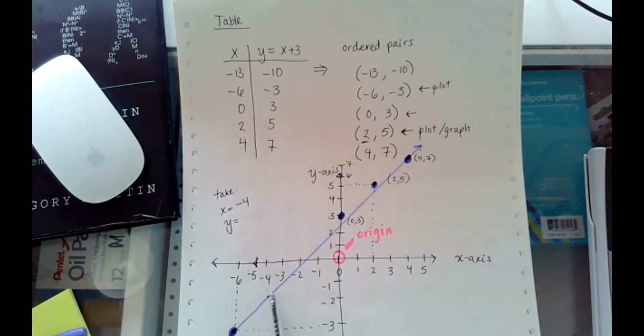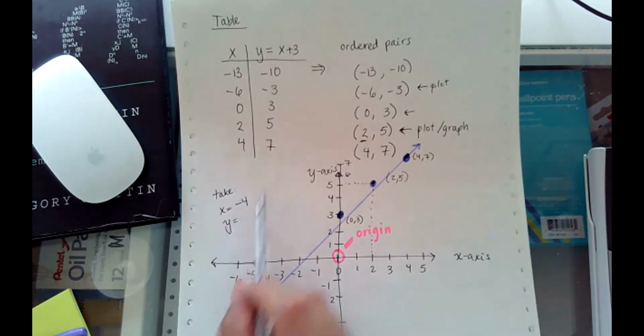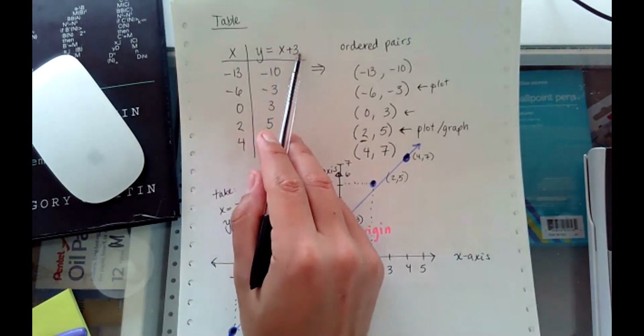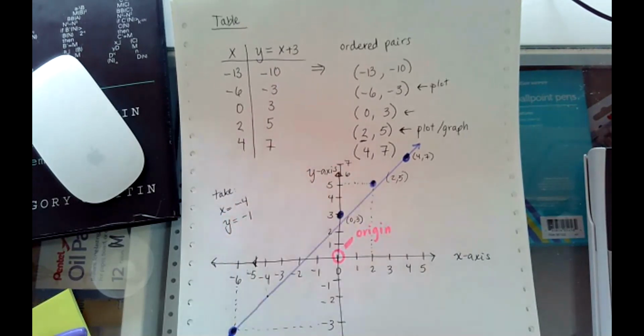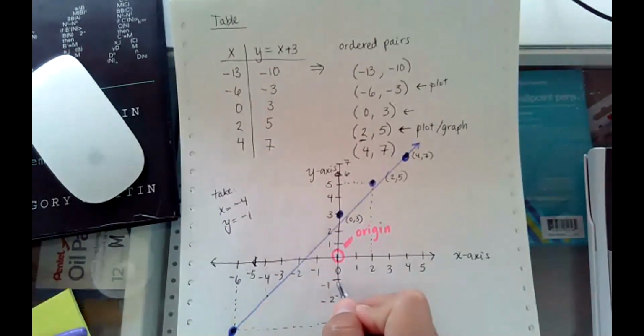I don't know. Again, it could just be a function of my bad drawing skills. But we can throw this into the equation, -4 plus 3, and it should spit out -1. You guys okay with that? So again, -4, -1 is right here-ish. But in reality, it should fall on that line.